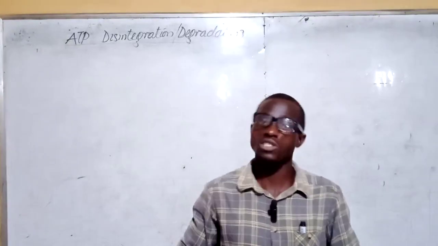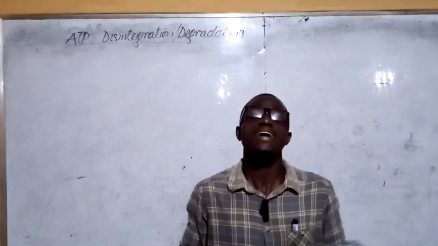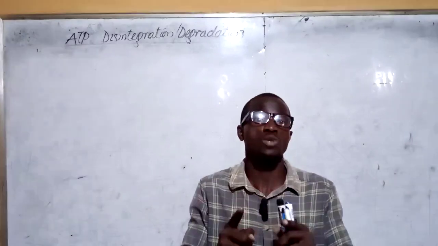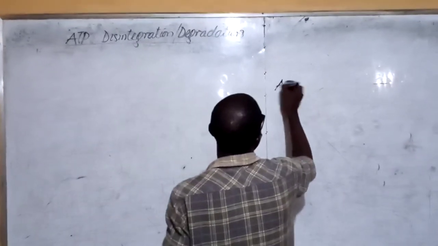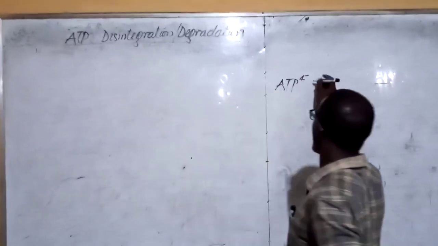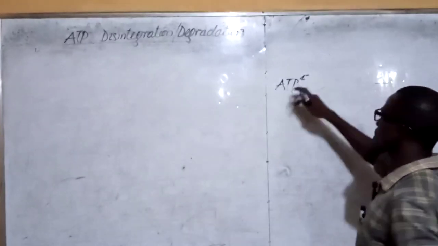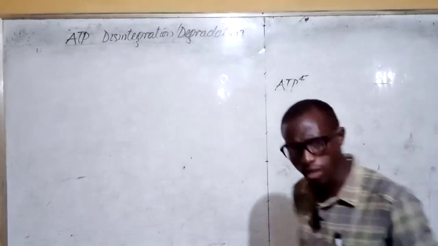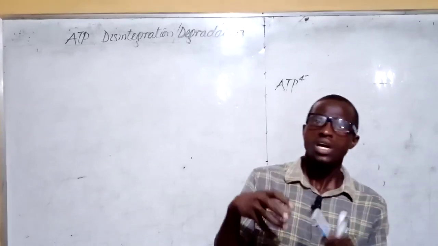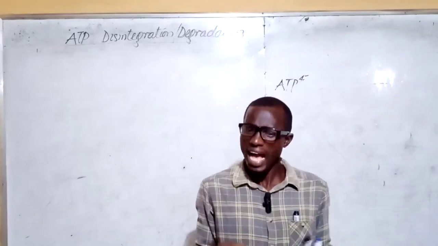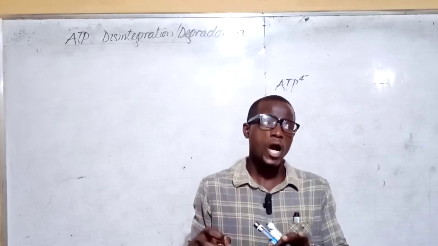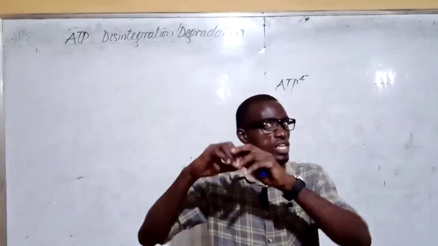And in fact, if you see the structure of ATP, you're going to see that it is really a high energy molecule, because ATP, you would normally see written as ATP4 minus, and that is to tell you that it has 4 negative charges close together. They are close to one another, yet they are not separated.